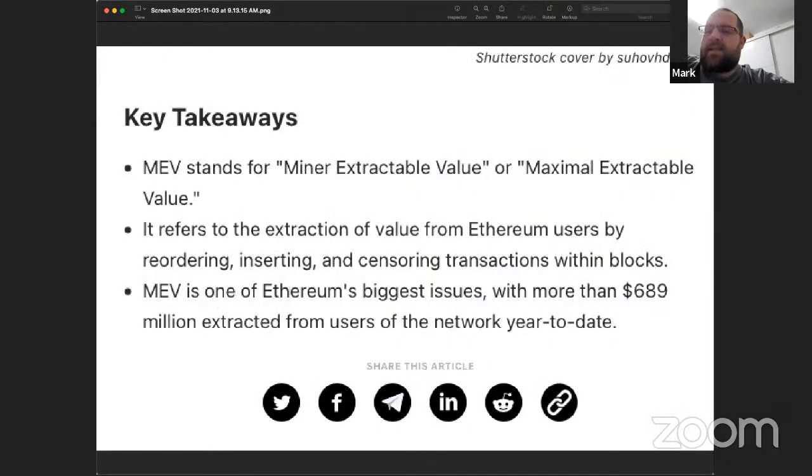Basically, it means that you can take advantage of somebody broadcasting some sort of information and making the same deal and block somebody else out of the deal, or putting an order in the middle.